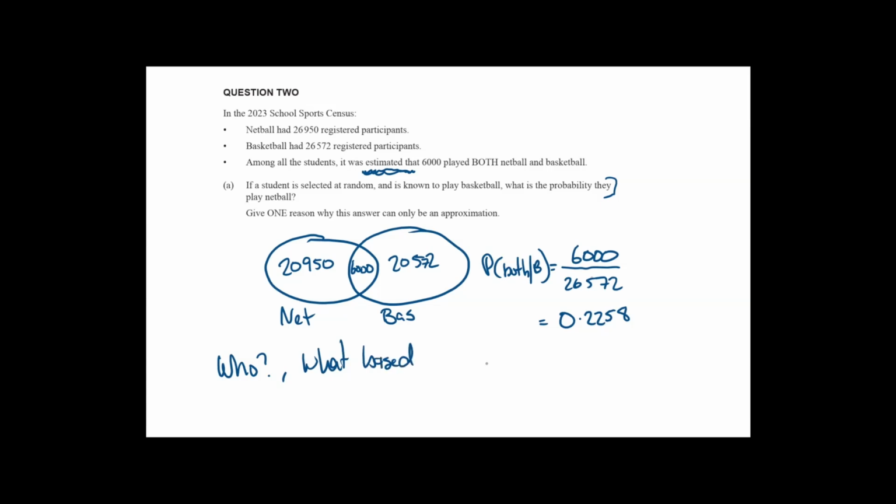It seems like a really rounded number compared to this exact number here, 26,572. 6,000 seems really ballpark. It's kind of a statistic that just falls from the heavens. It comes down from the hand of God. But it's the only number we've got, and they wanted us to do it, so let's use it.